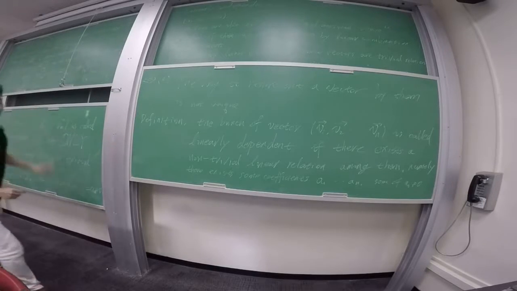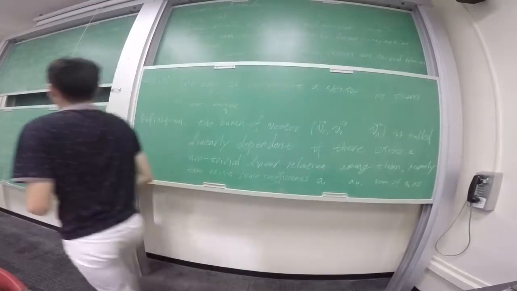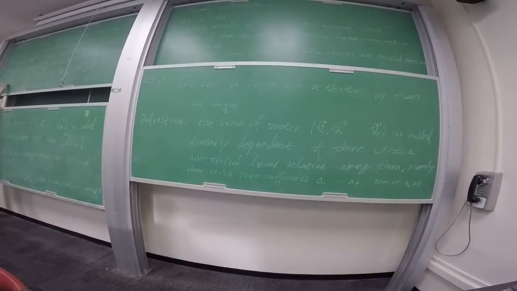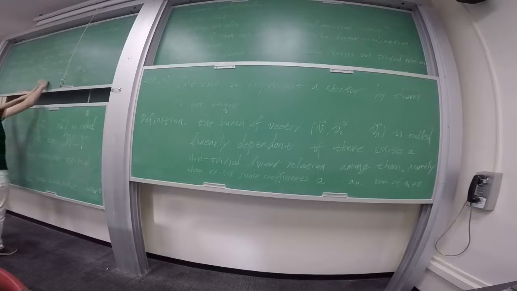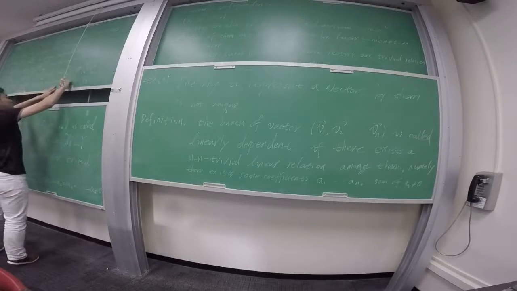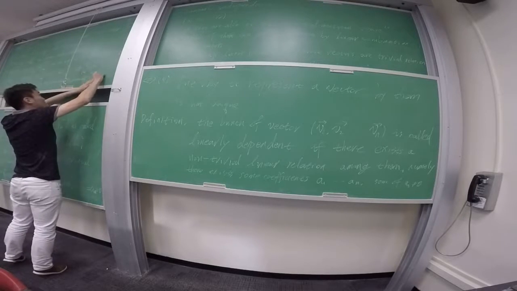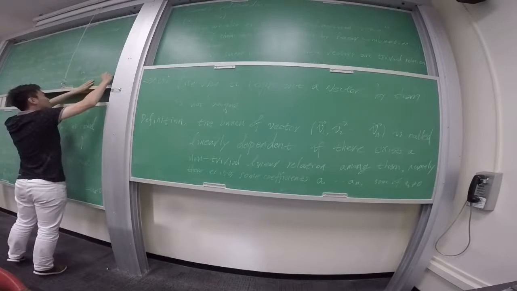The second interpretation, the third interpretation just corresponds to, okay, that means that any of the vectors cannot be written as a linear combination of the others.